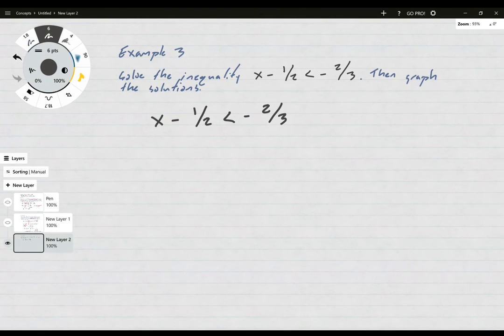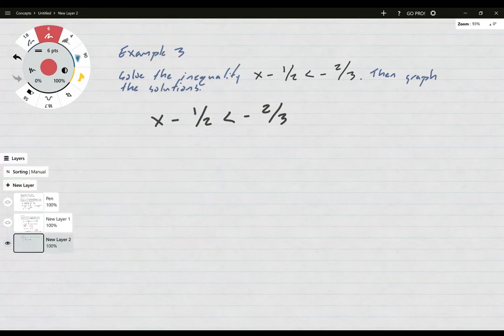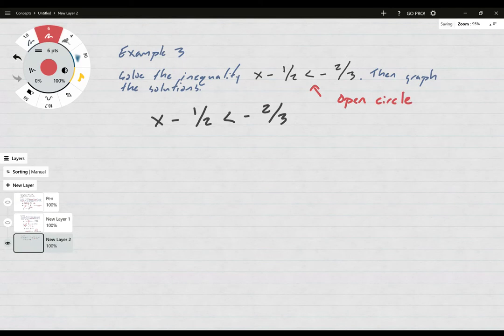All right. So example 3, solve the inequality x subtract 1/2 is less than -2/3. This is just a less than sign, so it's not going to be a closed circle. It's going to be an open circle on our number line.